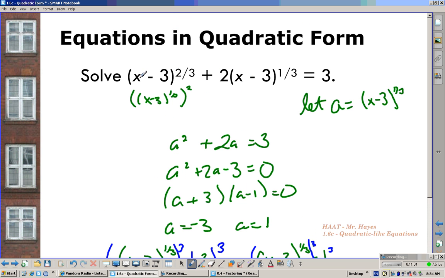So if I plug a 4 in here, I've got 1 to the 1/2 power, so that's just going to be 1, plus 2, because that's again a 1 here, is going to equal 3. Okay, 4 checks out. If I plug in negative 24, the cube root of negative 27 is negative 3, and that's going to work out there.